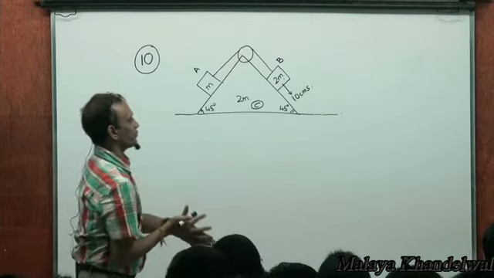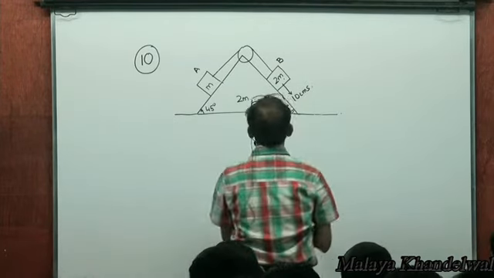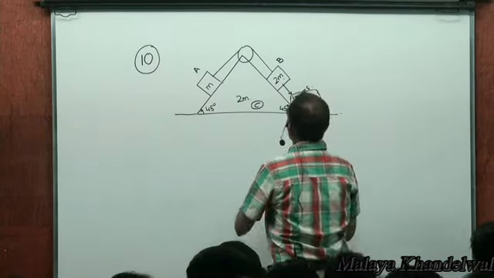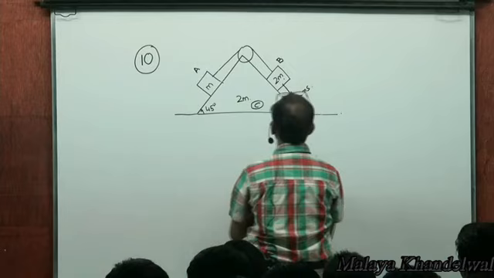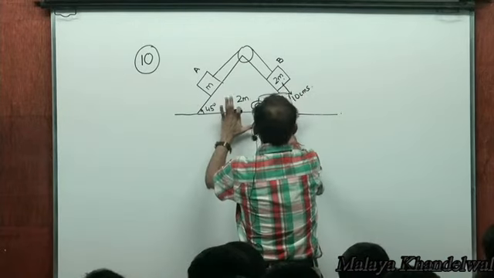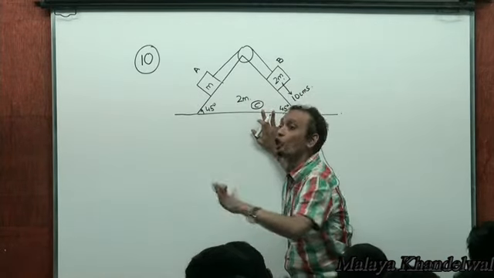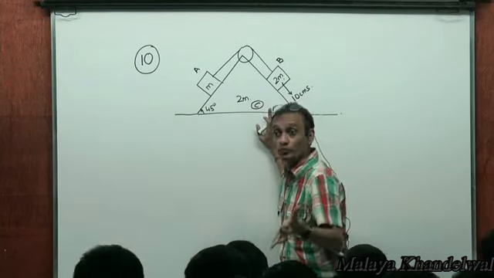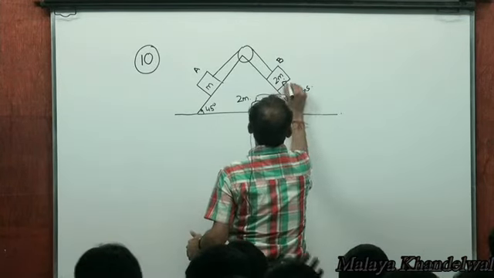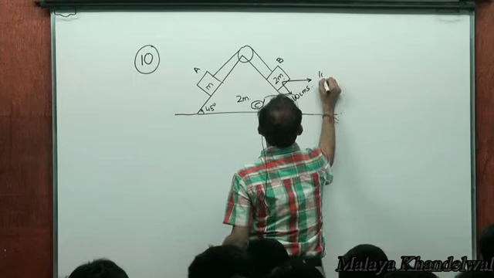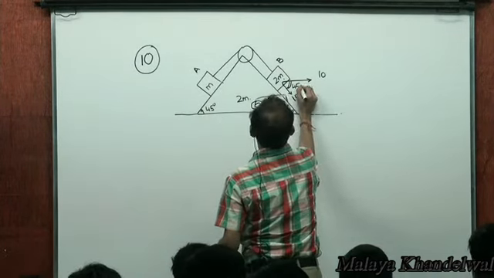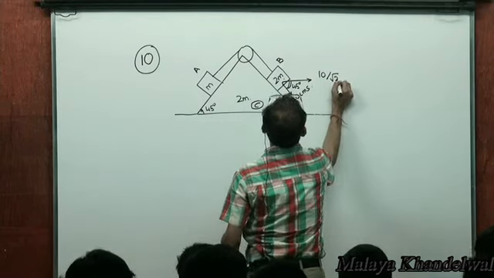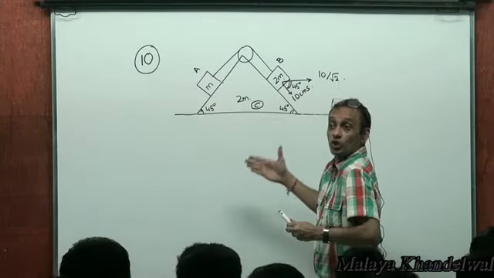Now, look, when this slides down 10 centimeters along the plane, imagine everything to be at rest. Imagine C to be not moving to begin with. Then, in this direction, this is 45 degrees, right? So 10 cos 45 degrees, 10 by root 2, must have been its horizontal displacement.